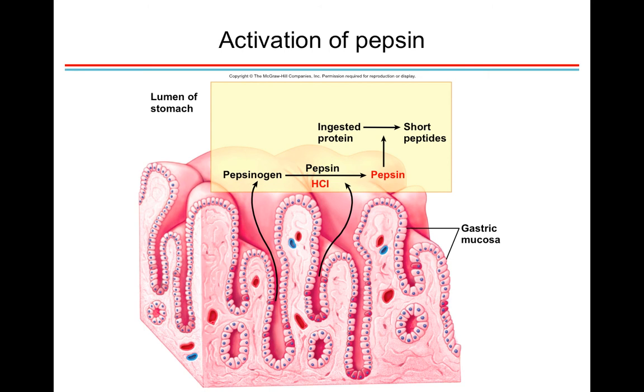And I also want to mention again that the low pH of 1 or 2 in the stomach can also kill most microorganisms. And for pepsin, we see a protein being broken down into short fragments. I just want to remind everyone that that is due to the hydrolysis of peptide bonds.